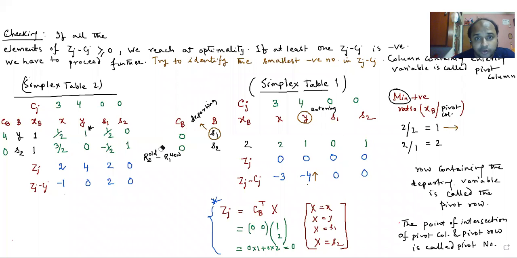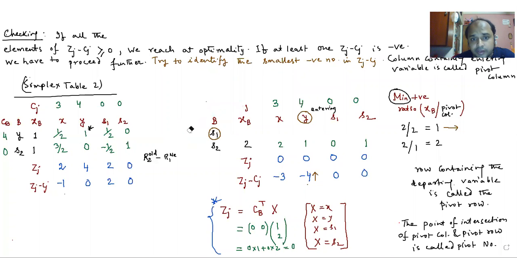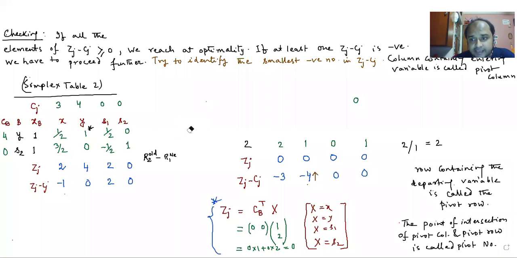Now, unfortunately, this particular simplex table also is not optimal, because in this simplex table, in the Zj minus Cj row, a negative number exists, which is minus 1.